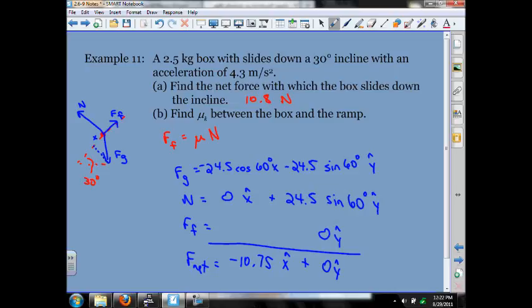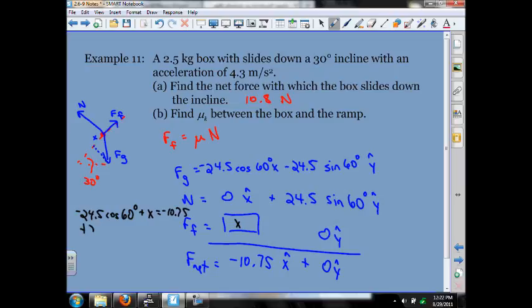If you're not sure, and sometimes it can be a little bit confusing, set up an equation. We're looking for this. So we would say negative 24.5 cosine 60 plus X should add up to negative 10.75, right?